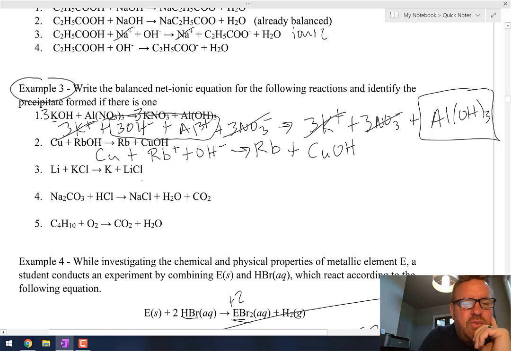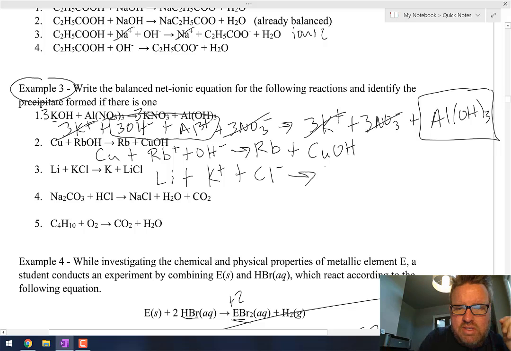Okay, for number 3, we've got lithium by itself. Potassium chloride is soluble. So K plus and Cl minus, making potassium plus, and then lithium chloride also soluble because, again, alkali metal. And then the things that are the same on both sides, chlorine.